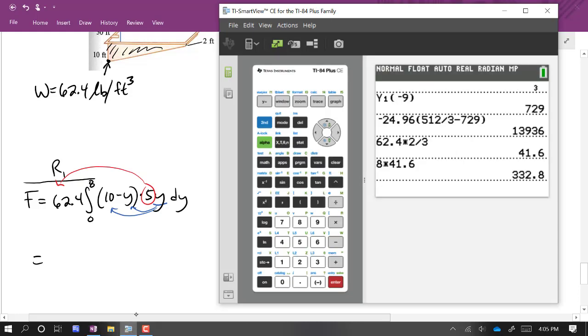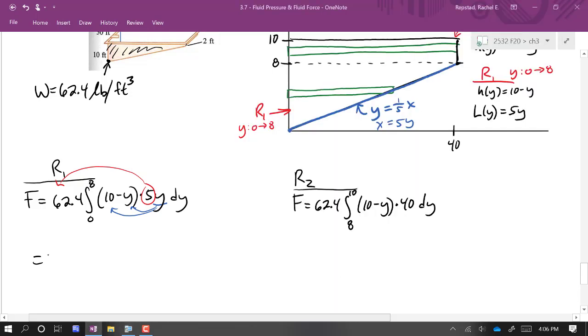62.4 times 5 is 312. And we're going to integrate 10y minus y squared with respect to y.